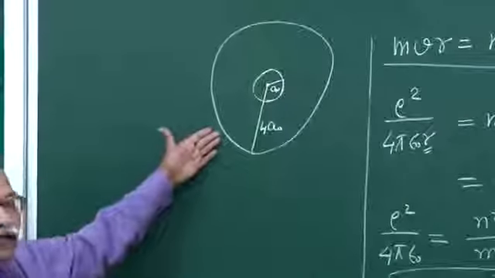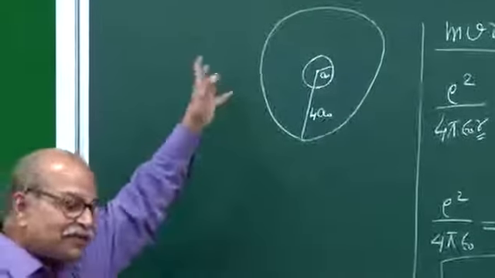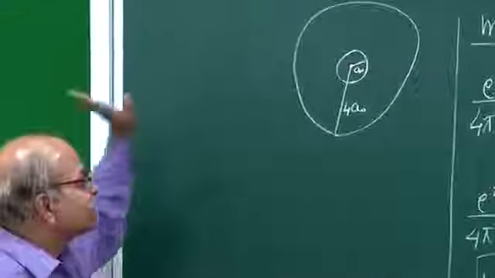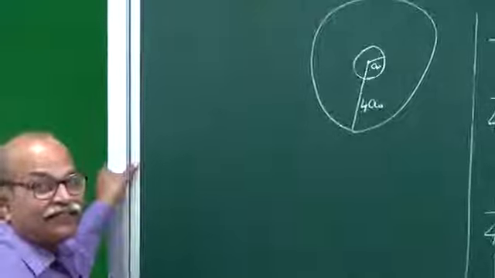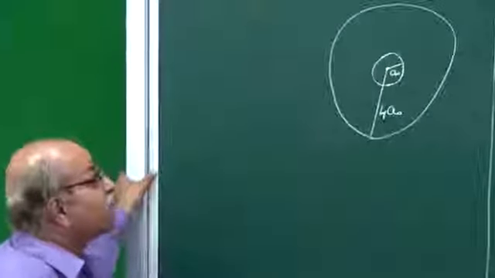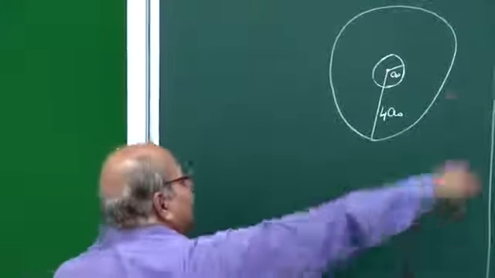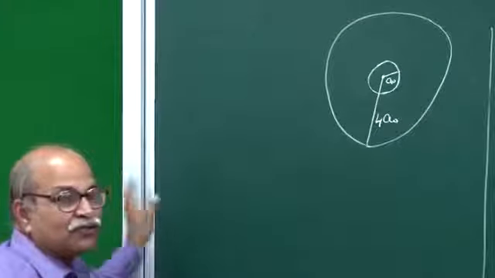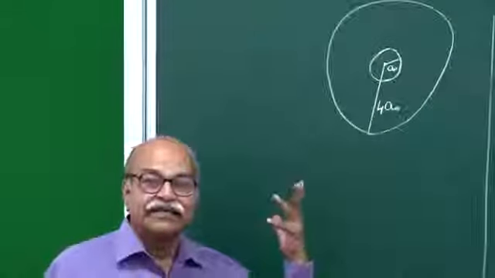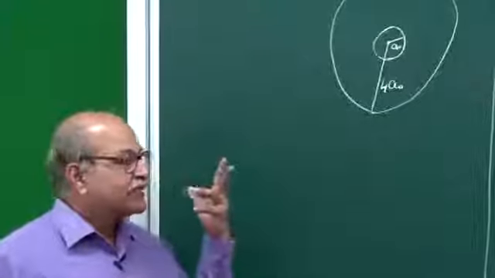It doesn't look like a circle, but you always assume whatever I draw is a circle. And then the next one will be 9 times A0, so like that. So you have n equal to 1, n equal to 2, n equal to 3. These are stationary orbits.